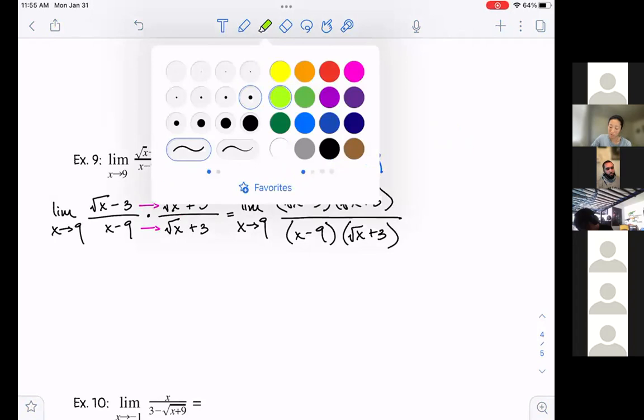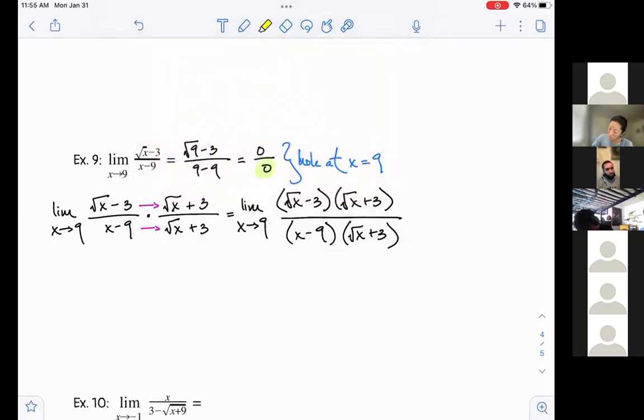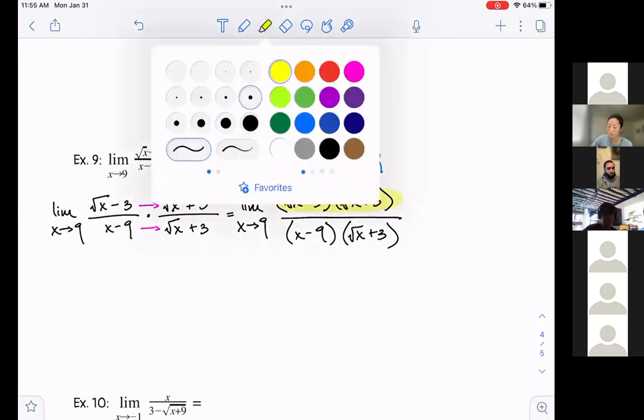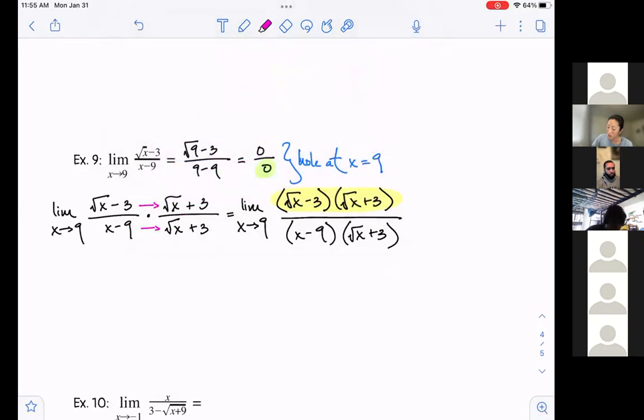It turns out we're only going to multiply out this one. The part of the fraction that had the conjugates, that's what we're going to multiply out. The part that doesn't, we're just going to leave it like that.